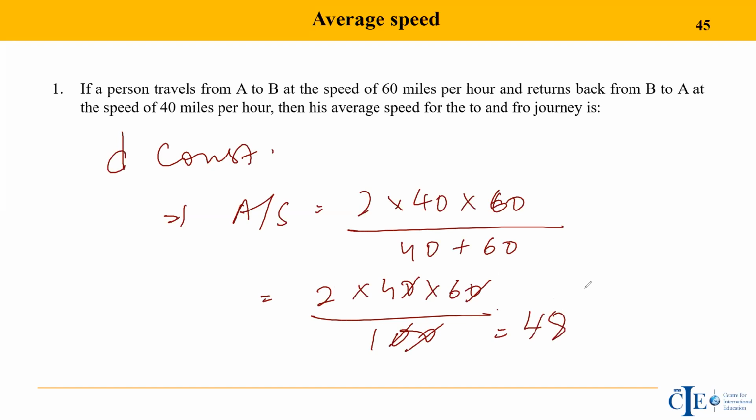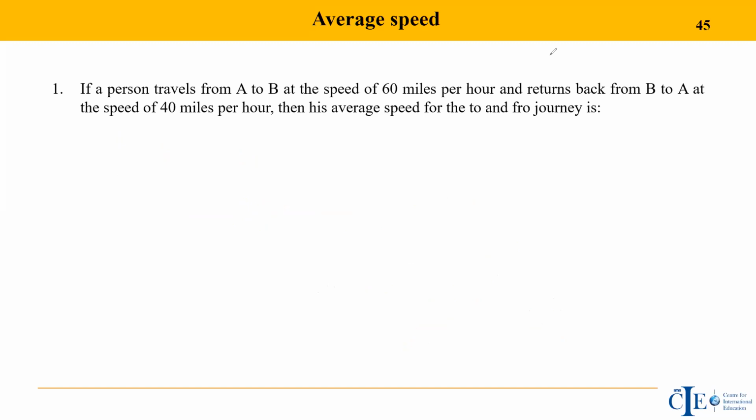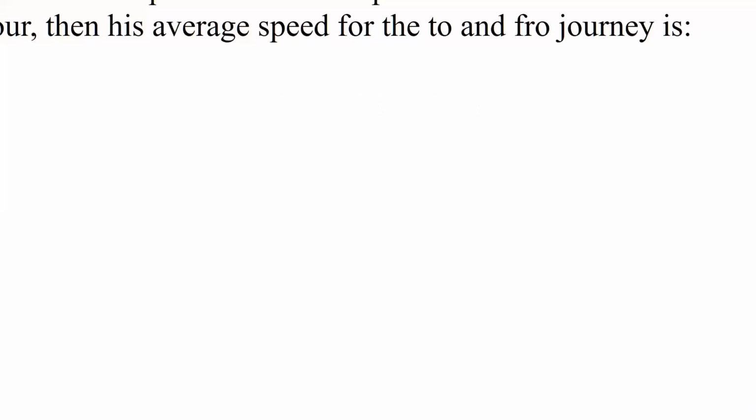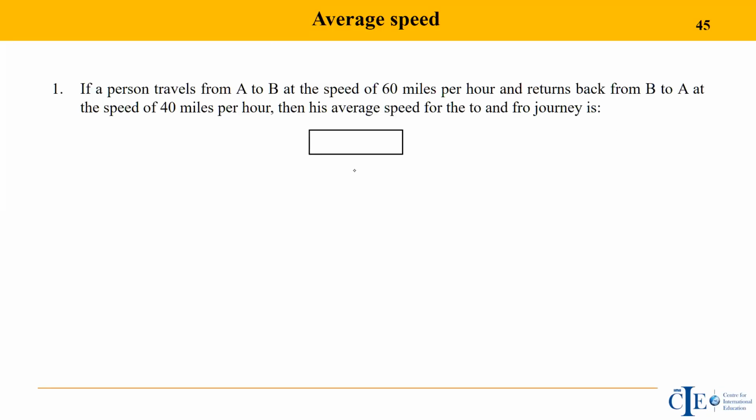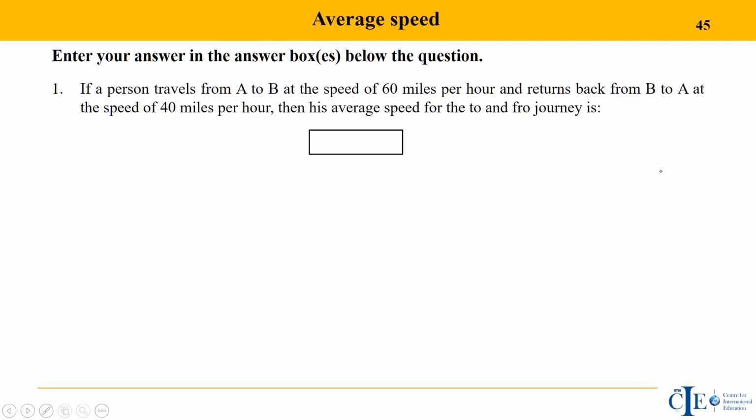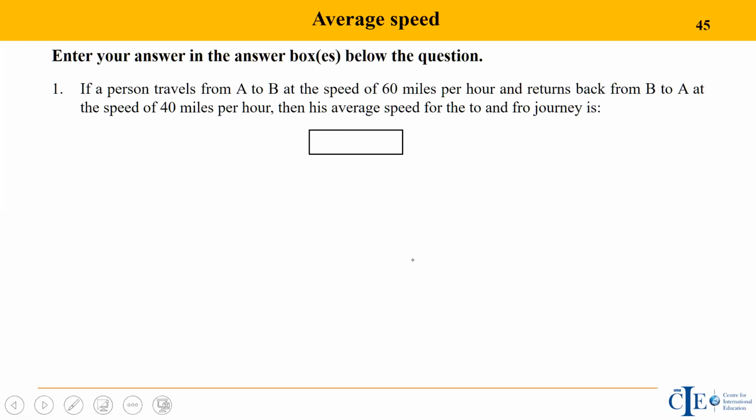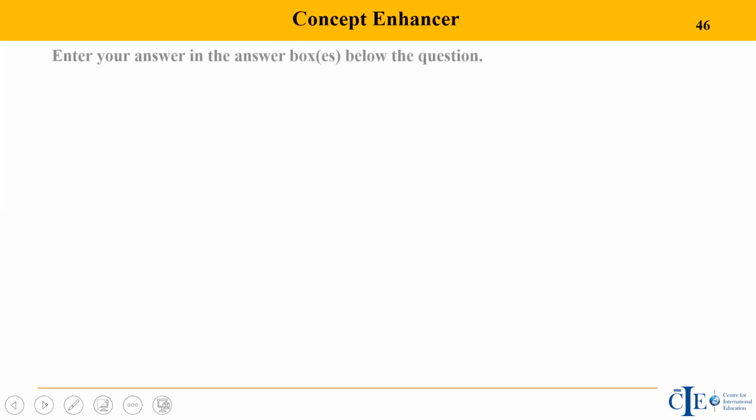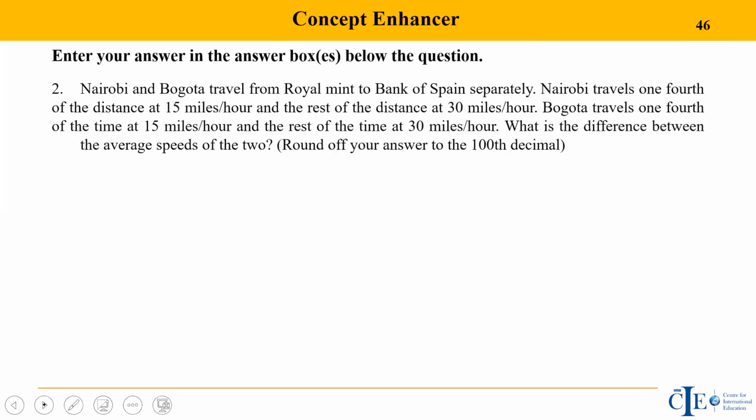So hence the average speed is 48 miles per hour. So these are just the two special cases that we need to check, and then answer accordingly. A very easy type. Turns out to be 48. Okay. Now let's look at this question. Just use the concept carefully.